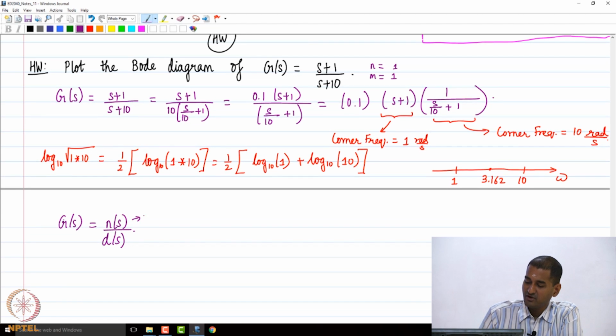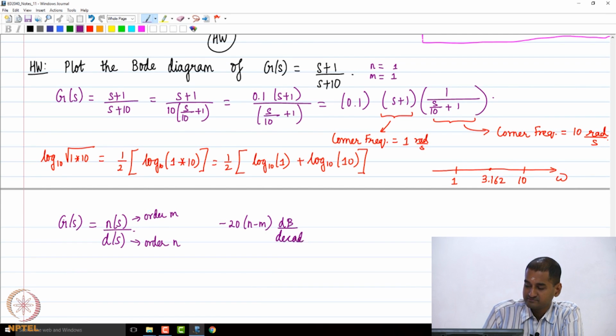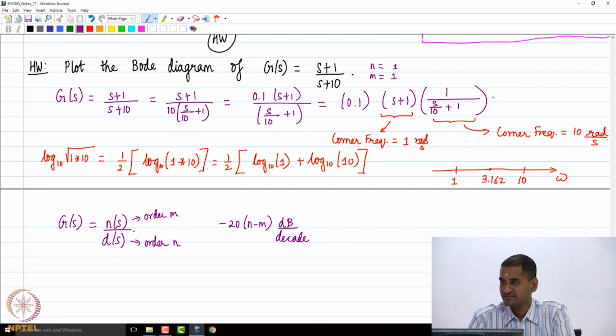If this is of order m and this is of order n, what is the slope of the high frequency asymptote? Minus 20 times n minus m decibels per decade, right. Is that satisfied here? Yes, right. Why? Because s plus 1 will contribute plus 20 decibels per decade, and 1 divided by s by 10 plus 1 will contribute minus 20 decibels per decade.